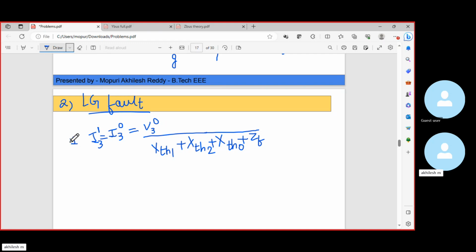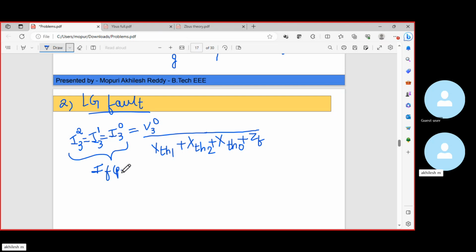So the positive, negative, and zero sequence fault currents for LG fault will be the same, equal to the pre-fault voltage divided by the sum. This gives I3, the fault current at the third bus bar. The answer we get is the fault current in per unit.